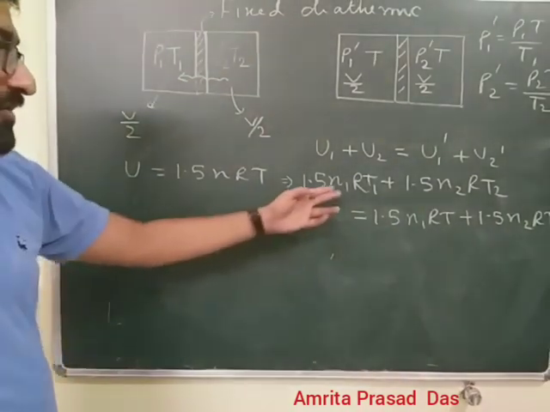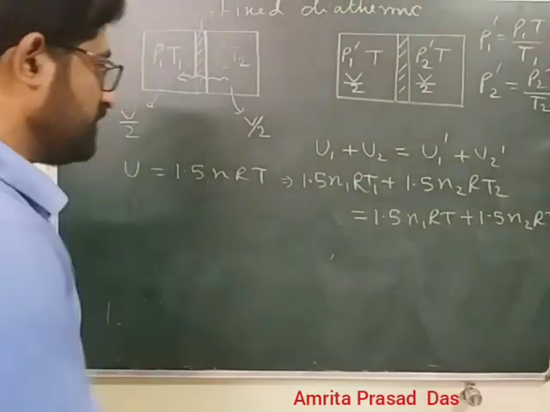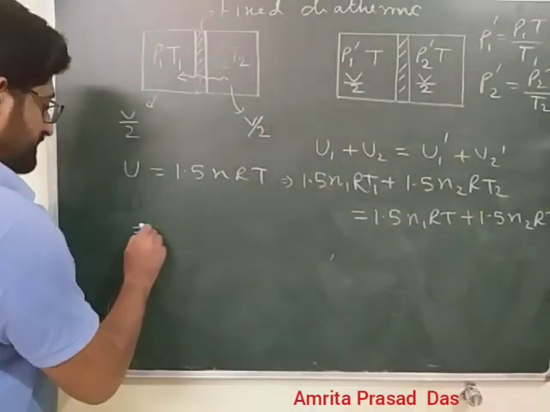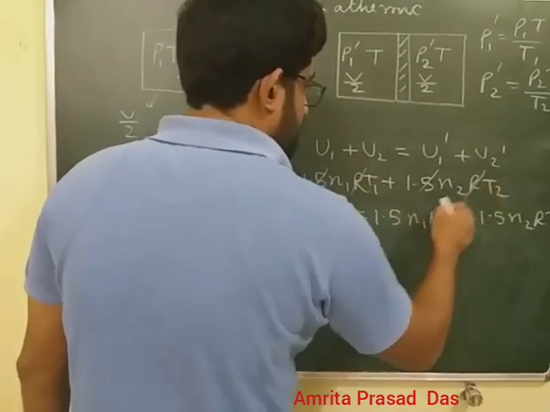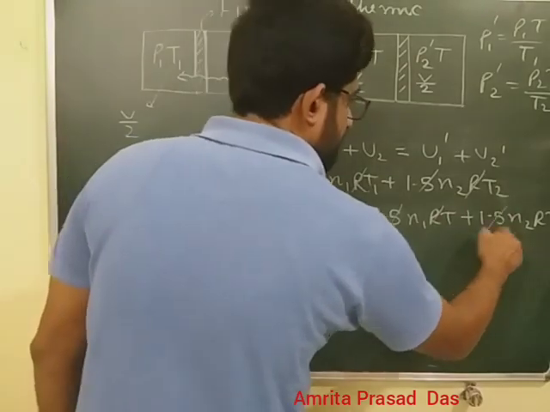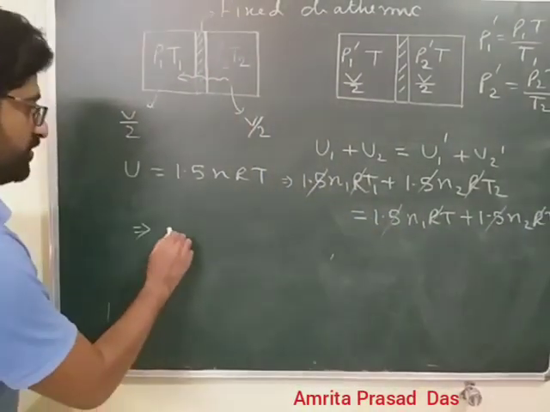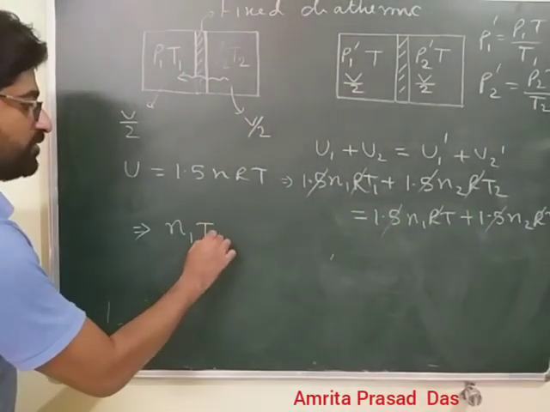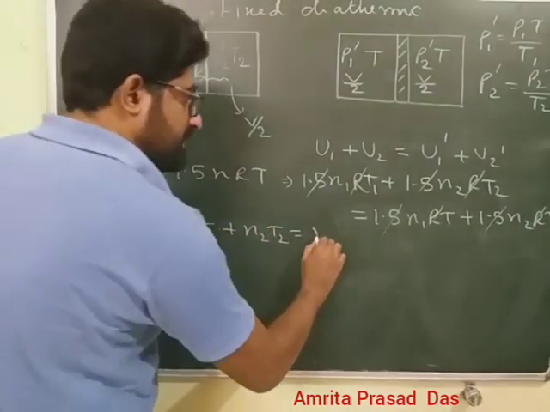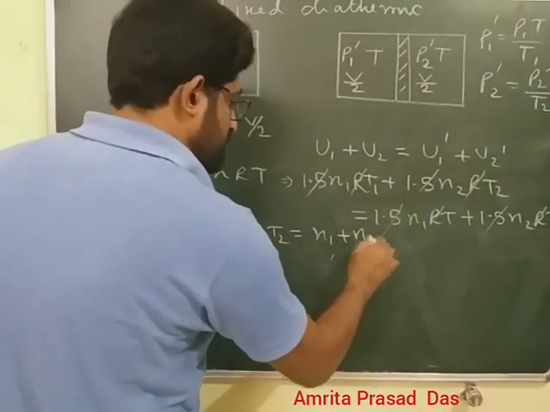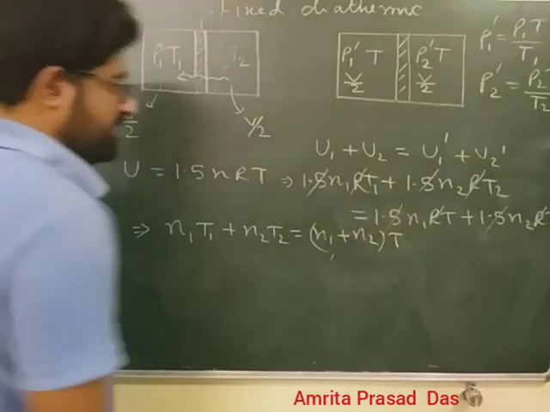We know the values of N1 and N2. You can put here, 1.5 R cancels. Therefore, we can write N1 T1 plus N2 T2 is equal to N1 plus N2 into T.